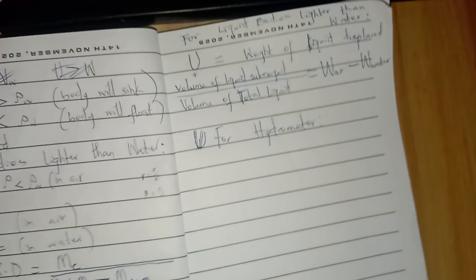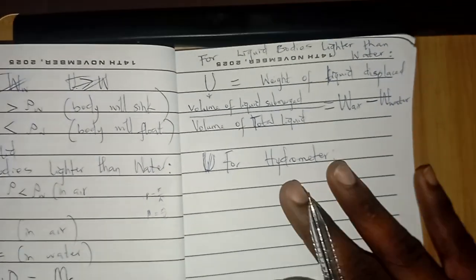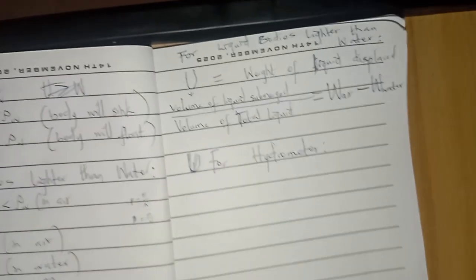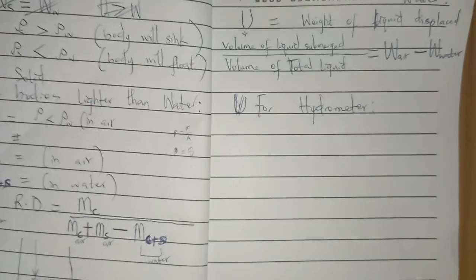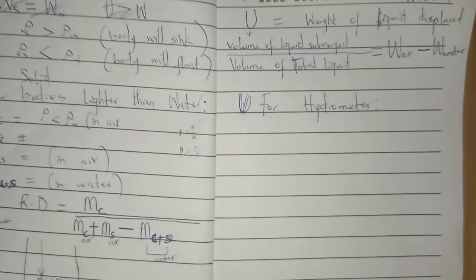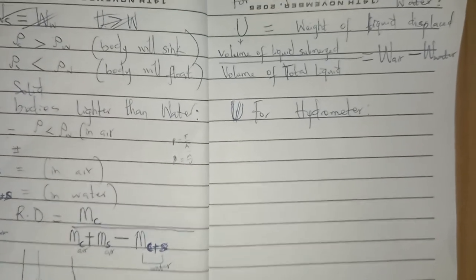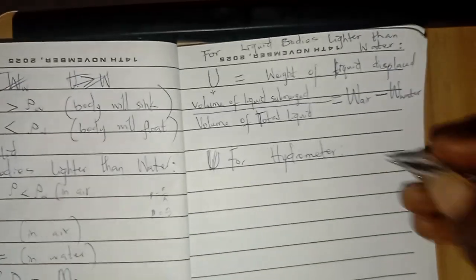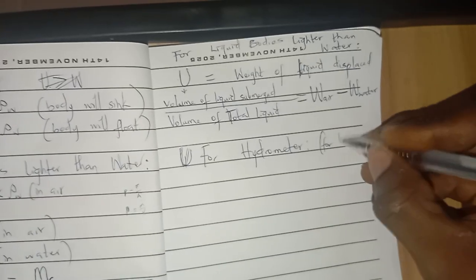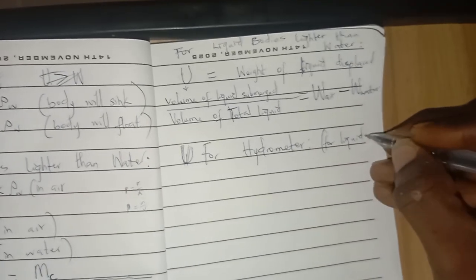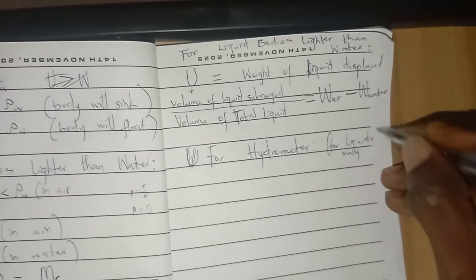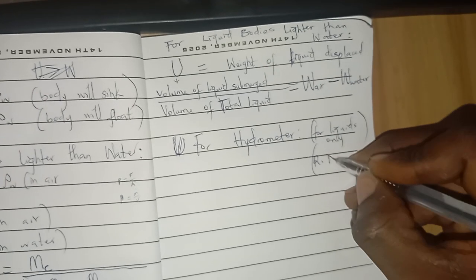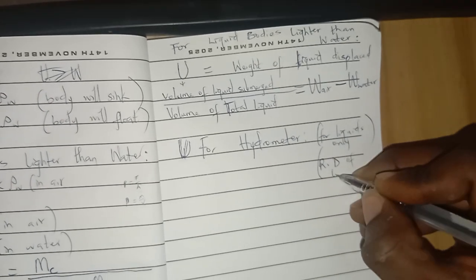We say that a hydrometer is a device that is used for measuring the relative density of liquids. It's only for liquids, so not just fluids, for liquids only. So it's a device for measuring specific gravity, or relative density of liquids.